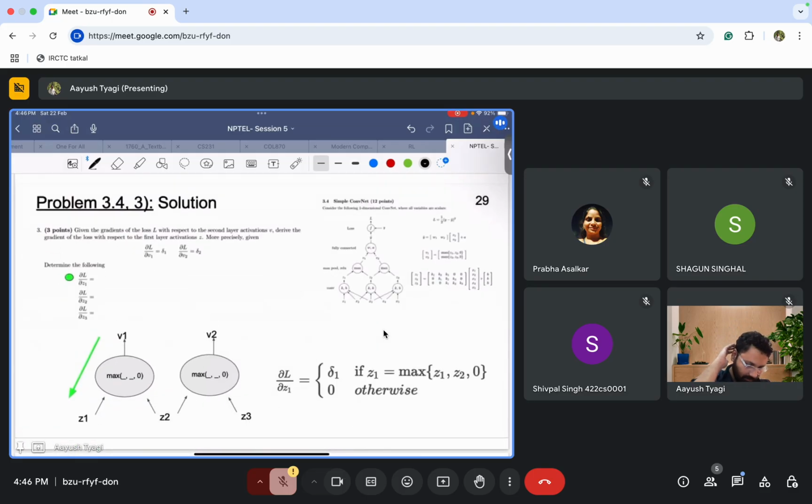So any guesses, how do we go about it? The additional information they have given is that the derivative of loss with respect to V1 is given to us.